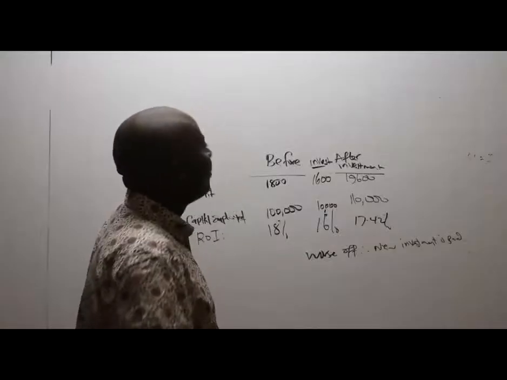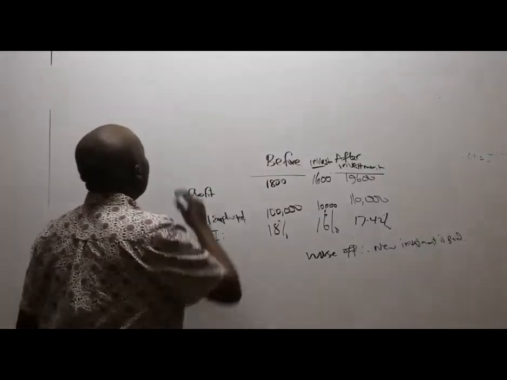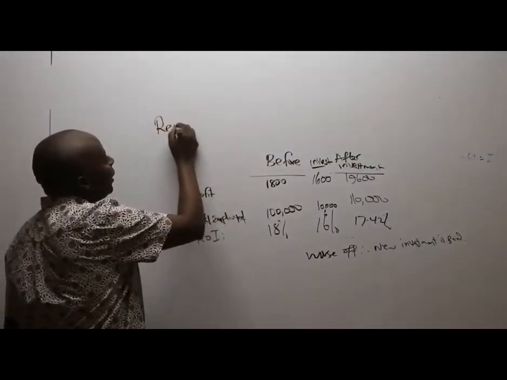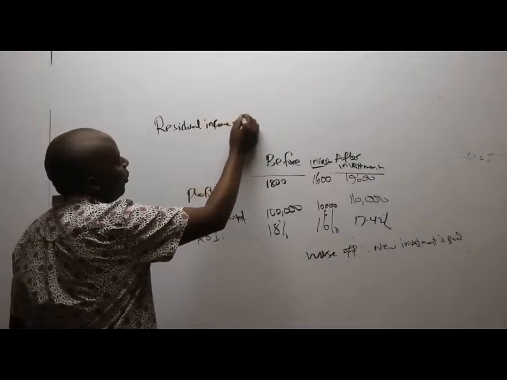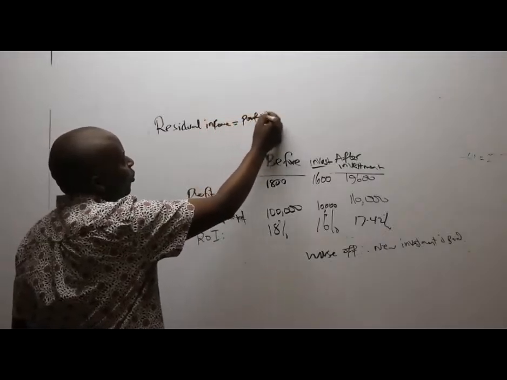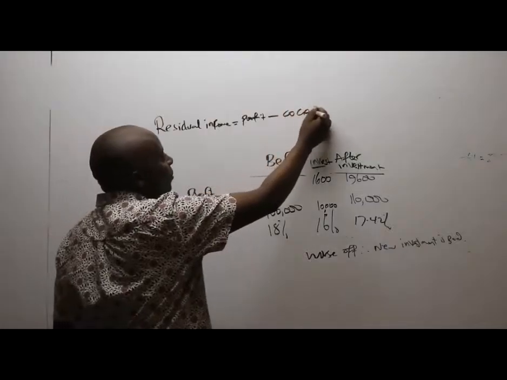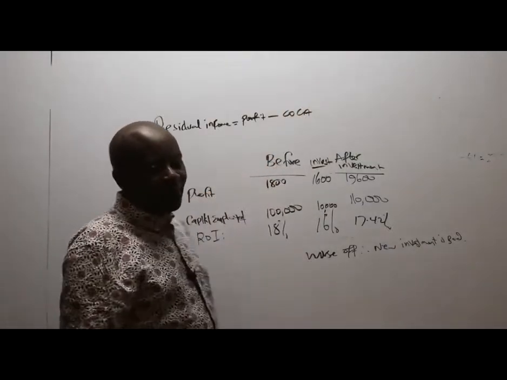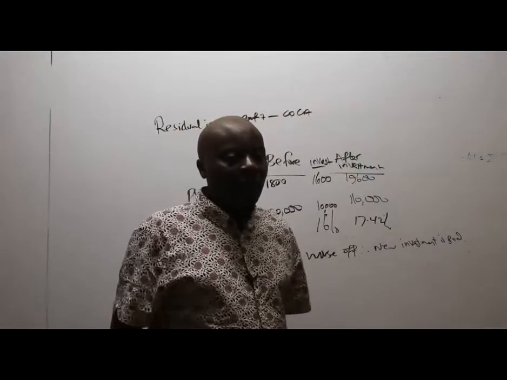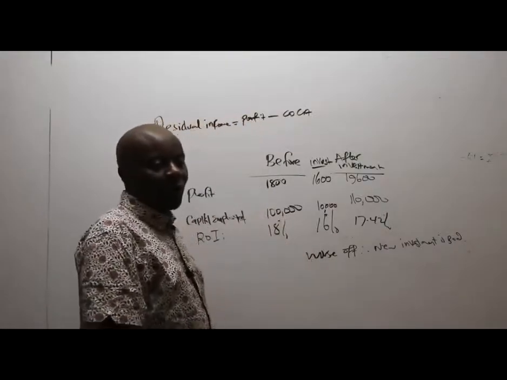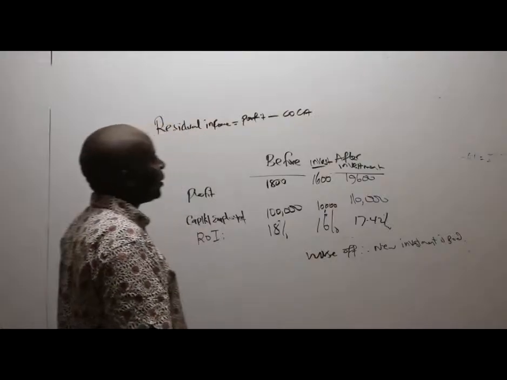Residual income, we normally take profit minus the cost of capital. So we have here profit minus cost of capital.